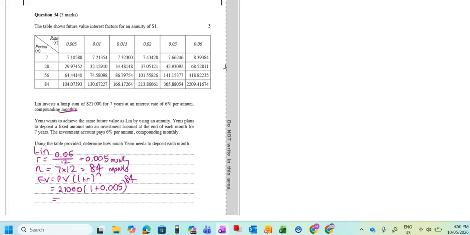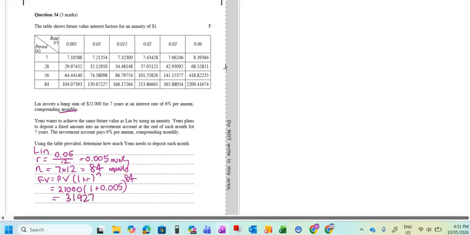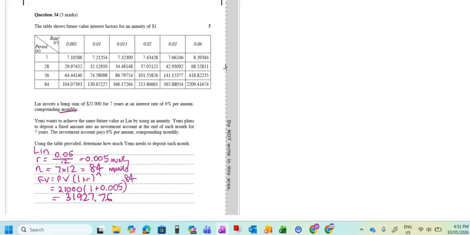I can put all of that into my calculator. 21,000 times, open bracket, 1.005, close bracket, raised to the power of 84. I get 31,927.76. So that's the future value that Lynn's going to achieve that Yemi is also chasing.